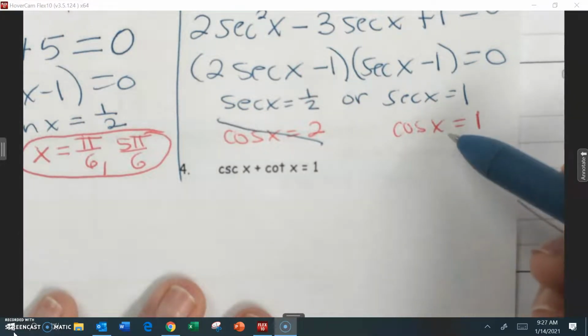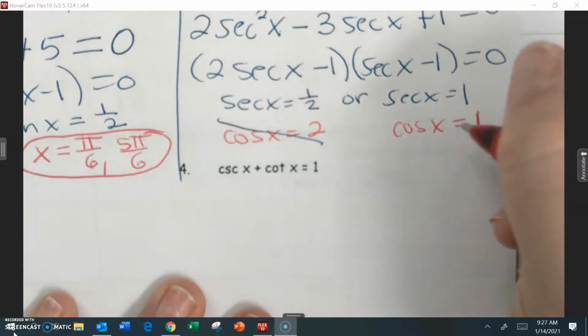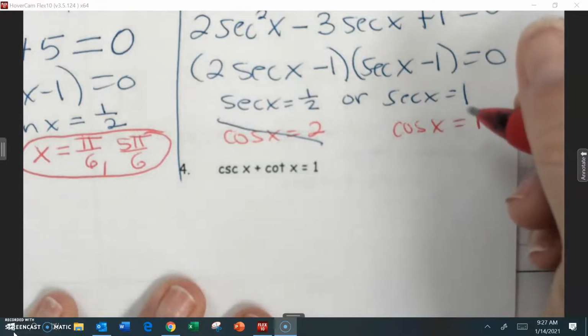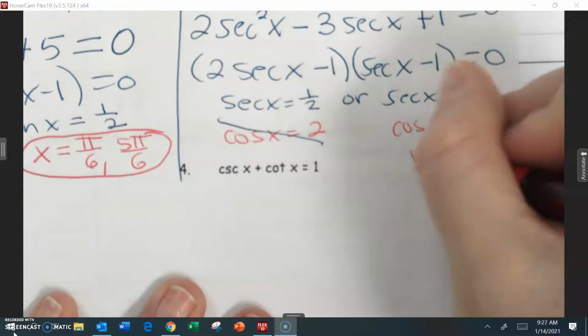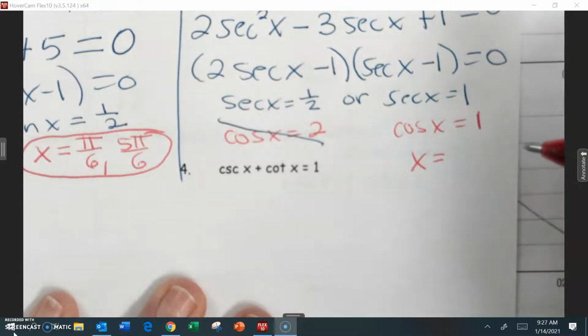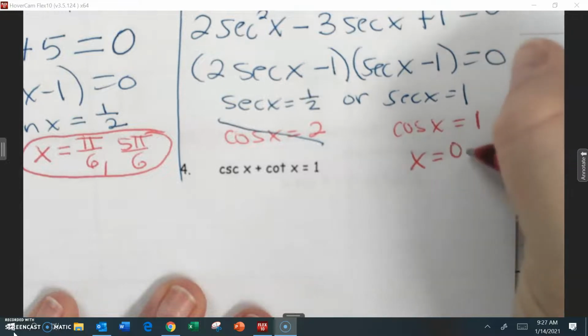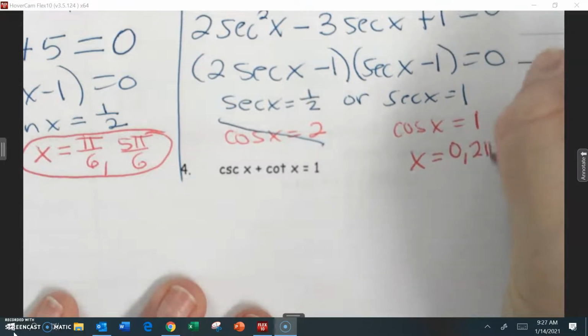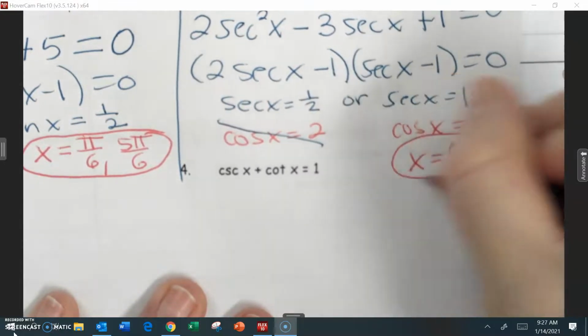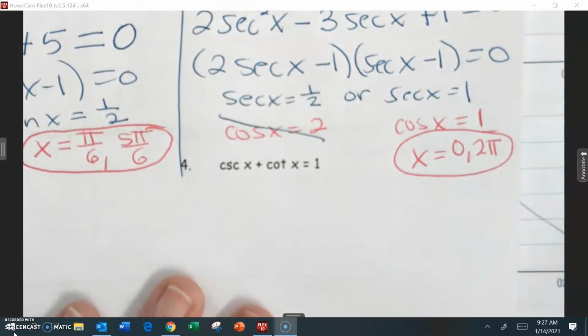And then when is the cosine of x equal to 1? What angle measures, in radians? When is the x coordinate 1? 0, good. 0 pi, you can write 0. So 0 radians and 2 pi radians, and you're done.